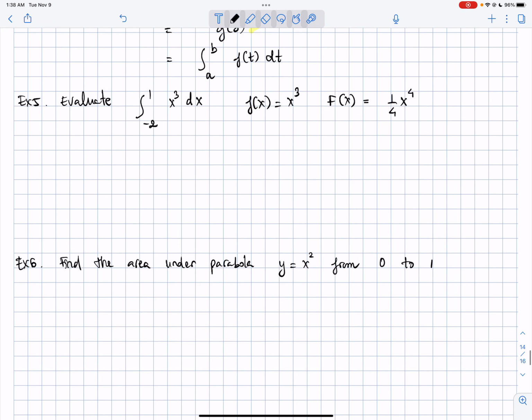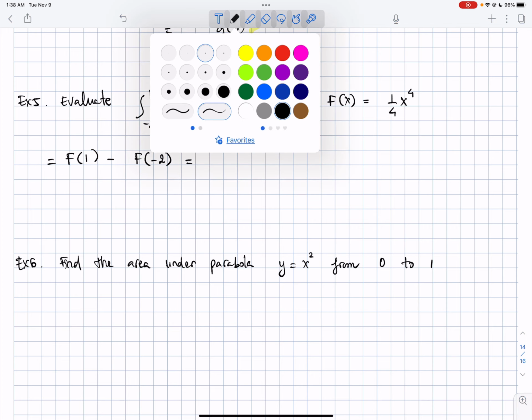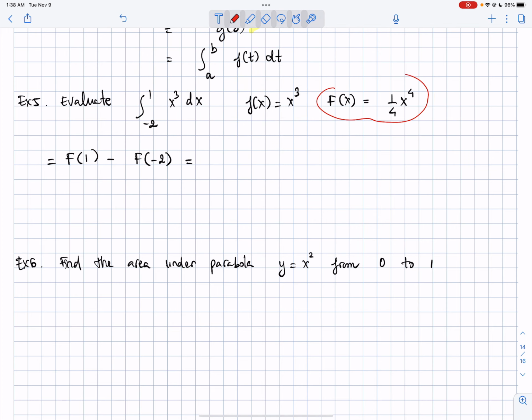So we will get F of 1, which is F of b, minus F of a, -2. Then we plug into this function F right here. So we get 1 over 4 times 1 to the 4th, minus 1 over 4 times -2 to the 4th.